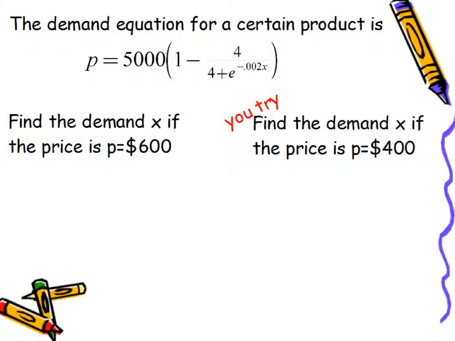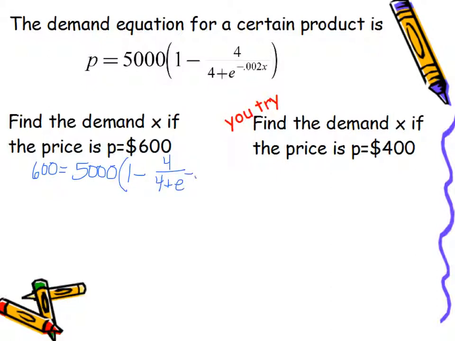Not everything would be that case, but the more expensive it is, it's probably not as available to people, and so the demand would go down. Okay, so let's try this. It says, find the demand x if the price is 600. So here we go. I'm going to have 600 equals 5,000.